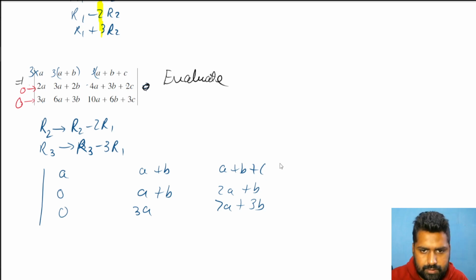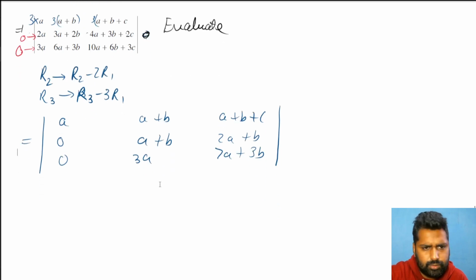This is the first transformation that I've done, because the operation R2 goes to R2 minus 2R1, R3 goes to R3 minus 3R1 won't affect the value of the determinant. Now the benefit is that opening about this column will be very simple.